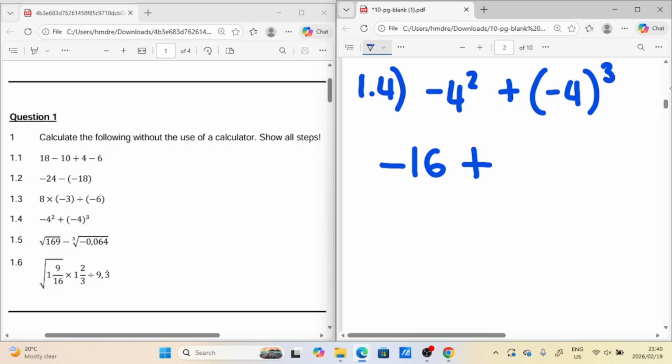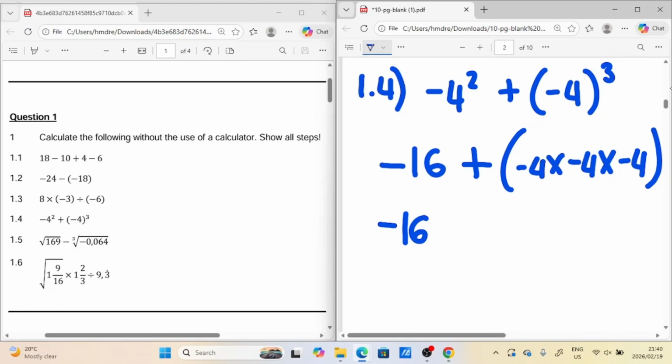This is the same as saying minus 4 times minus 4 times minus 4. So minus 16, add on, let's just do this in parts. Minus 4 times minus 4 is going to be positive 16.